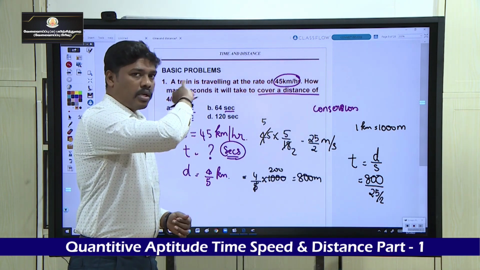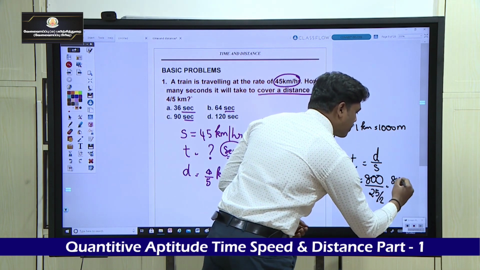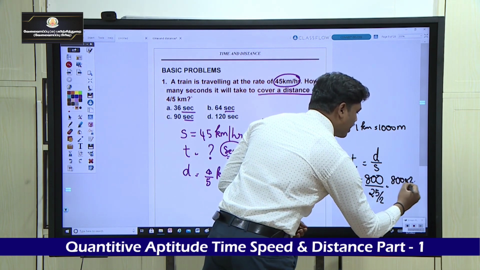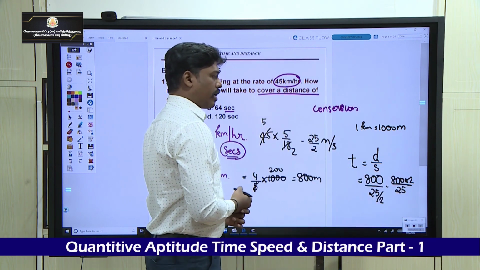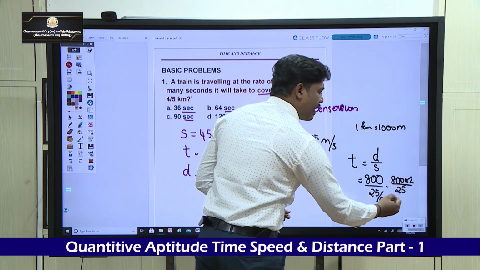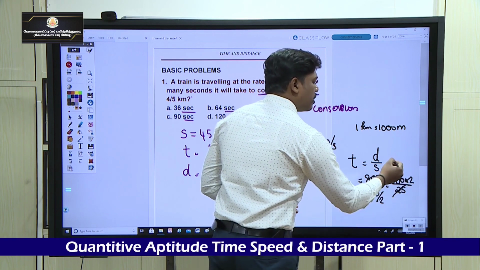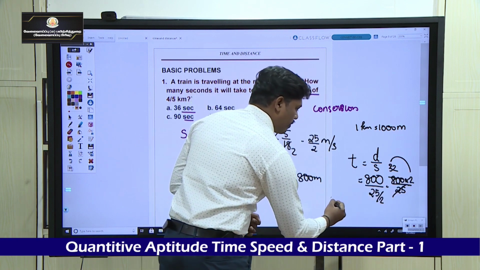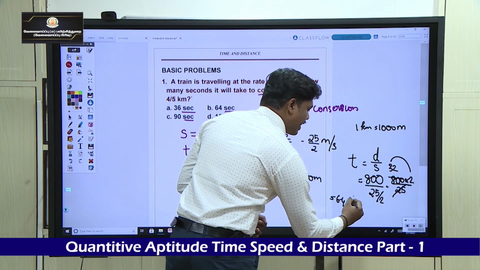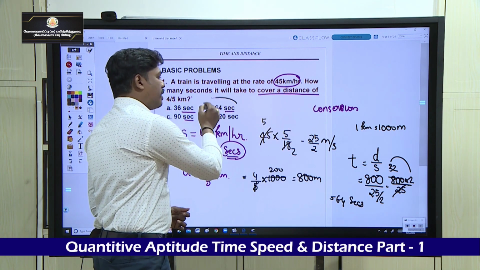The 2 goes to the numerator. So you will be having 800 into 2 divided by 25. Okay. 25 32 times is 800. So 32 into 2, you will be getting 64, which is 64 seconds. So your answer is option B here.